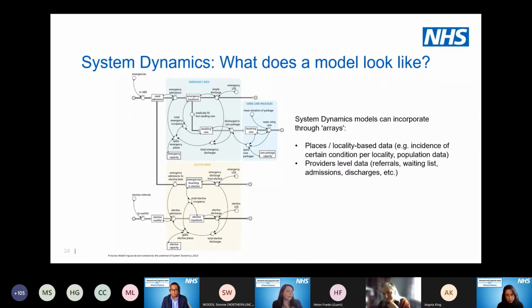Yeah, in system dynamics, we don't build models based on what we think the pathway is like. We build the model based on what the issue to be modeled is, if that makes sense. We need to capture how the model is going to be used, and then we develop the model based on that question. It's in that way that we do the modeling.